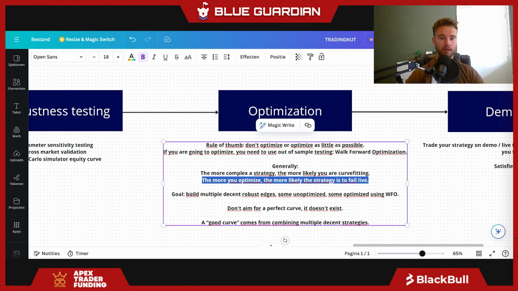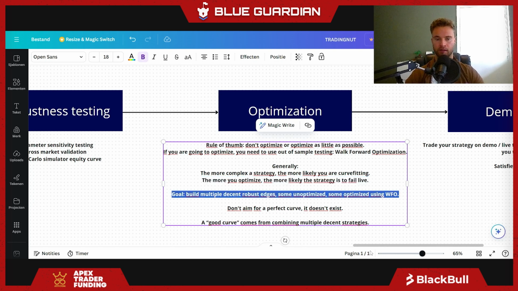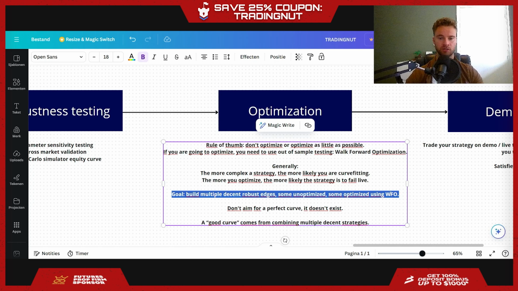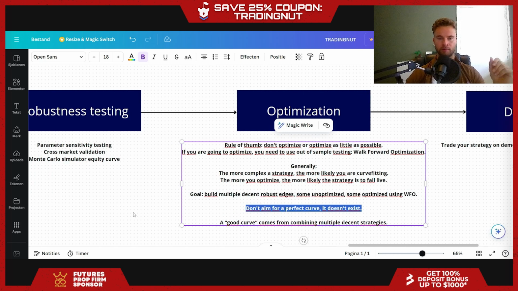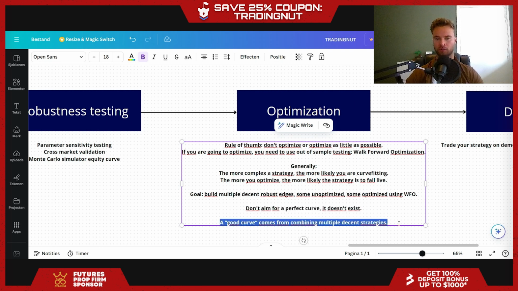Usually, your goal should be this. Build multiple decent, robust edges, some unoptimized, some optimized using walk forward optimization or something else you want to use. But basically, don't aim for the perfect curve because it doesn't exist. A good curve comes from combining multiple decent strategies.